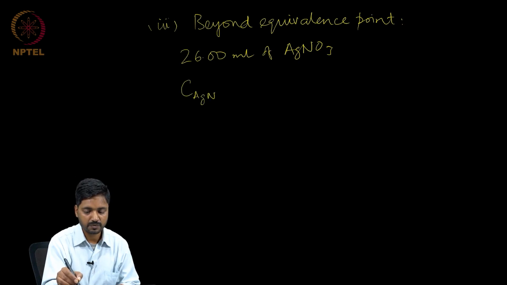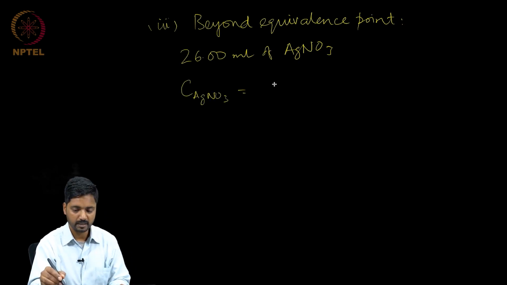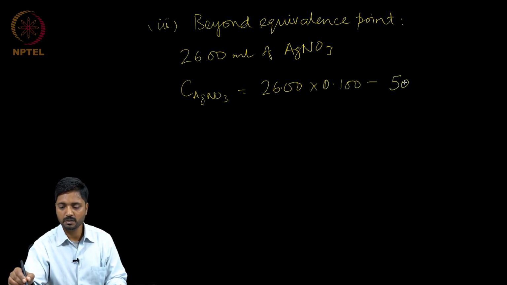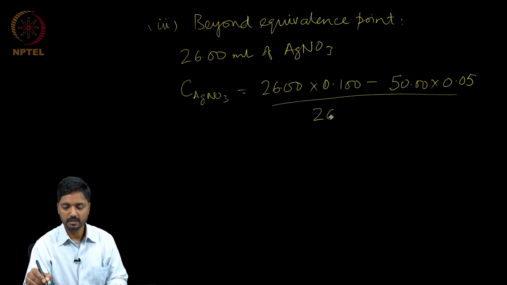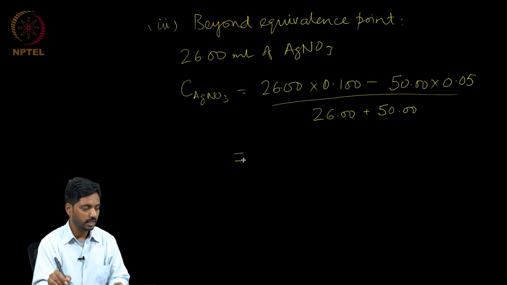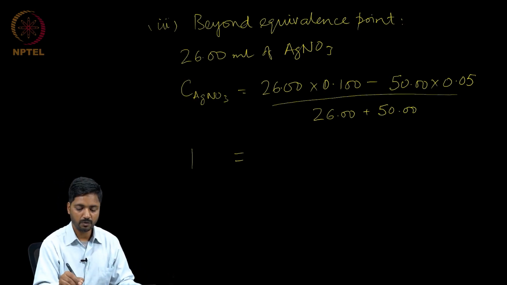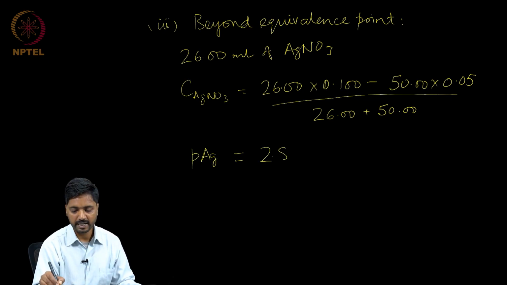So, that excess of silver nitrate can be calculated by the total silver nitrate present in the medium minus the initial chloride ions present in the medium, divided by the total volume of the medium now, and this solves out to a pAg value of 2.88.